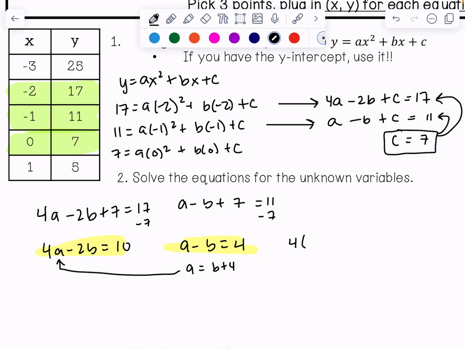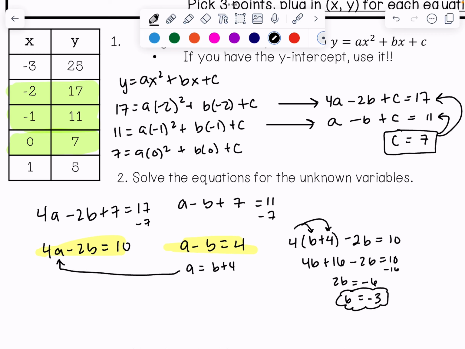So 4 times b plus 4 minus 2b equals 10. Don't forget to distribute. 4b plus 16 minus 2b equals 10. Combine those b's, so 4 minus 2 is 2. Subtract that 16 to the other side, and that gives me negative 6. So I get that my b value is negative 3.